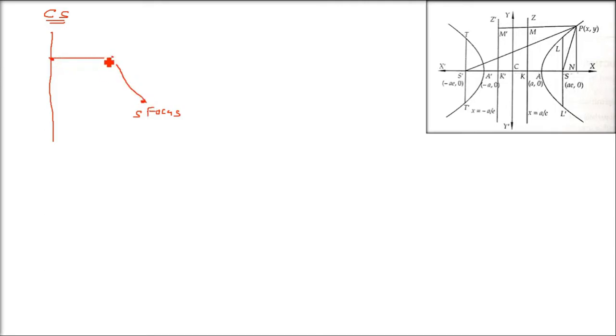So the distance of this point from a point and a line, the ratio has to be equal to some constant.